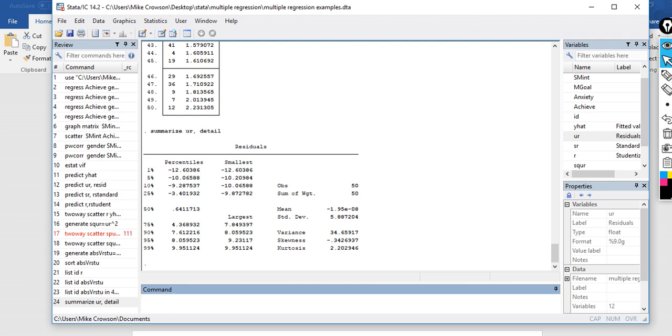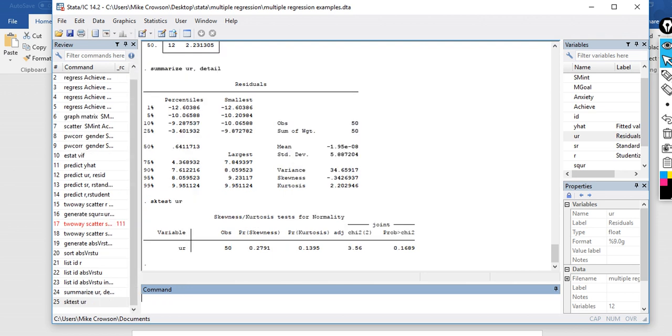So I'm going to say skTest UR for my unstandardized residuals variable, and hit enter. This is a significance test of each dimension related to normality, as well as the combined information concerning skewness and kurtosis.